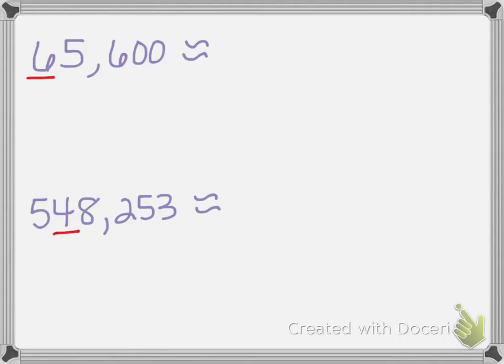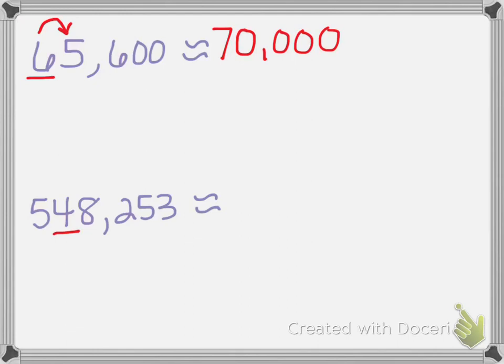So we can simply look to the right of our 10,000s place and we have a 5. That 5 tells us right away that our 10,000s place needs to be shoved to the next 10,000. So 6 plus 1 more 10,000 would be 7 ten-thousands, which is 70,000. 65,600 is about 70,000.